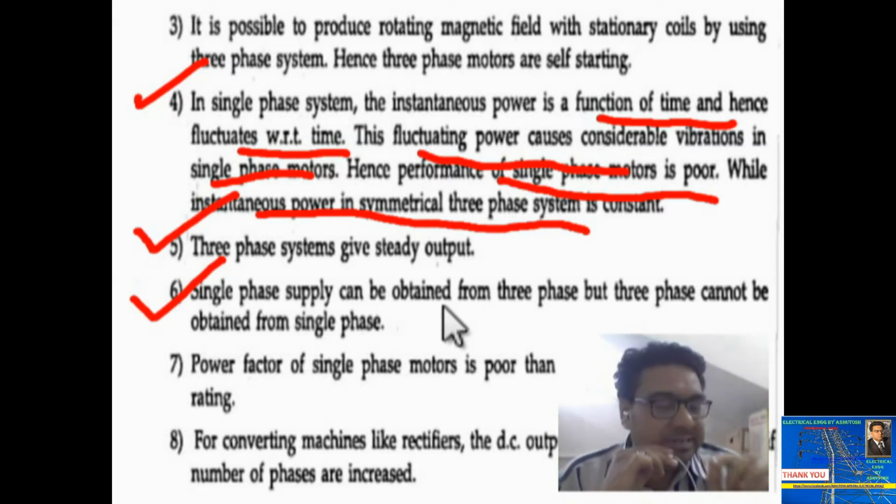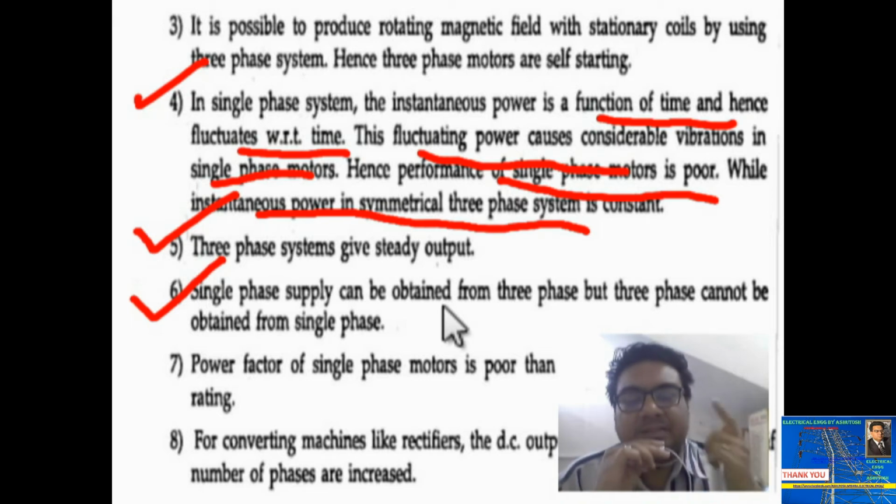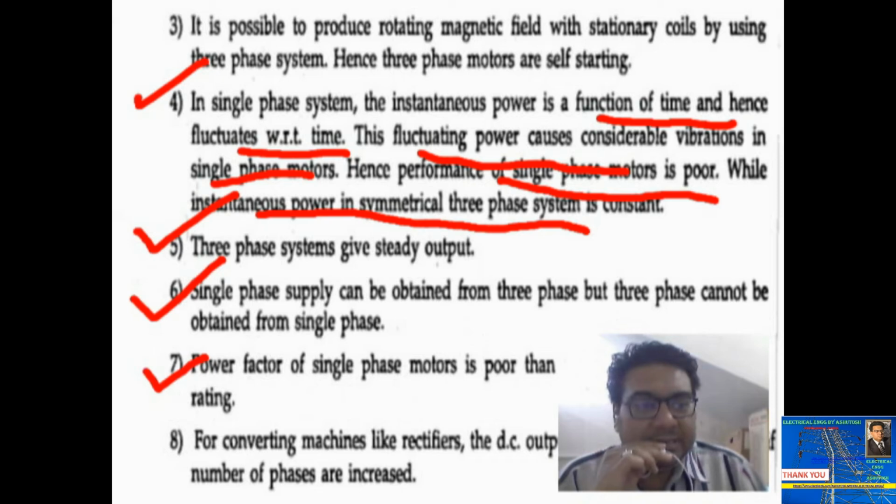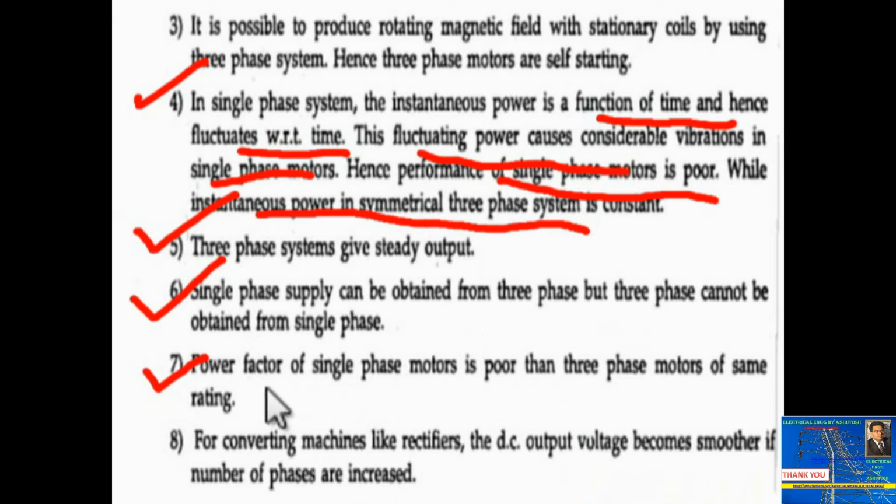So guys, this point we will see later in the star circuit and delta circuit whenever it comes. And then, the power factor of a single phase motor is poor compared to three phase motors of the same rating, okay, you can see.